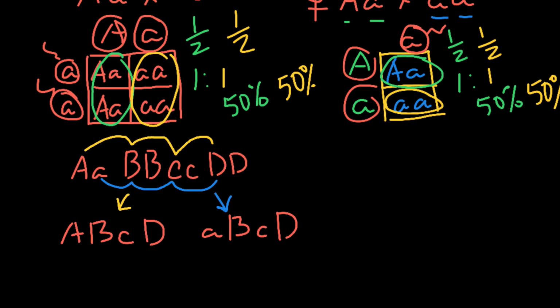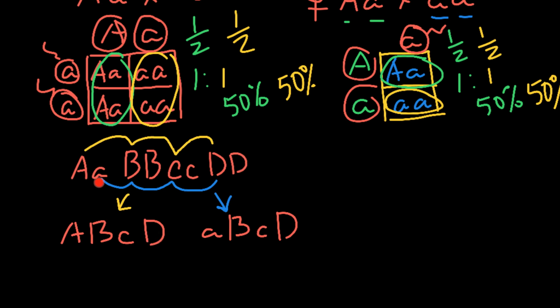For example, capital A and this capital B, it is the same as in this example. Capital A, capital B, and say this small c would still be the same genotype. Capital A, capital B, small c, and say this capital D, still the same genotype.